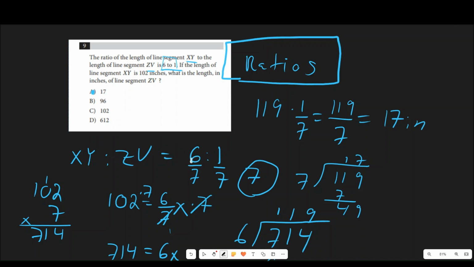So we have 6 parts to 1 part. In total, that means there are 7 parts. You convert those into your fractions, and then we solved for the entire total sum. So what was the combination of both parts? Once we figured that out, we were able to figure out what one part of the whole equals, and that is what we did right here. So there you have it.